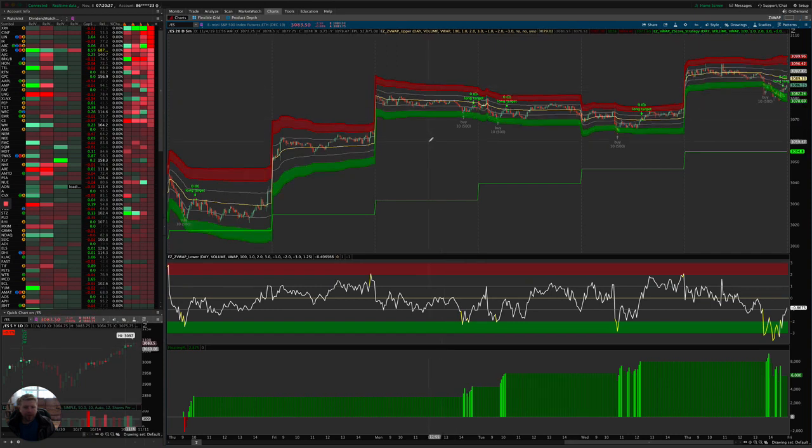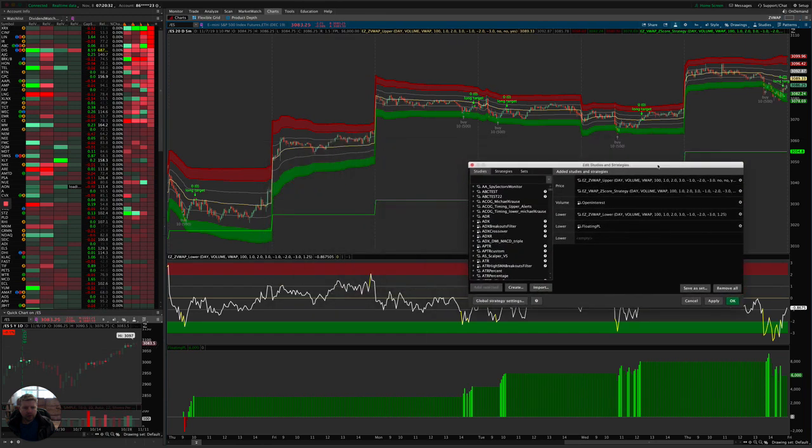And then there is also the strategy file, which is essentially a duplicate of this upper indicator that shows these levels. It's essentially the same thing, but it has some special code that allows it to plot theoretical entries and exits, so that Thinkorswim can use that and then plot this theoretical floating profit and loss if you had taken those entries.